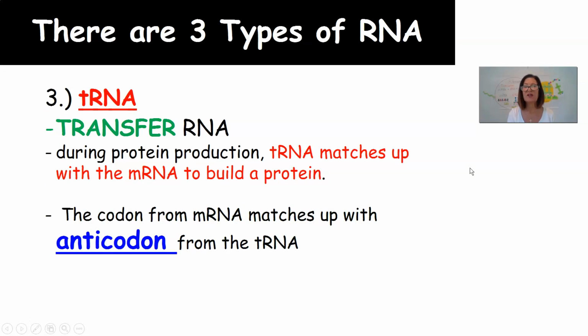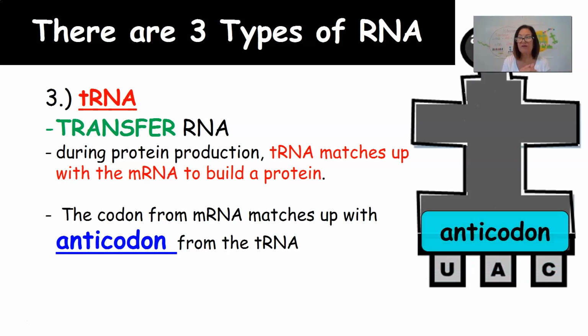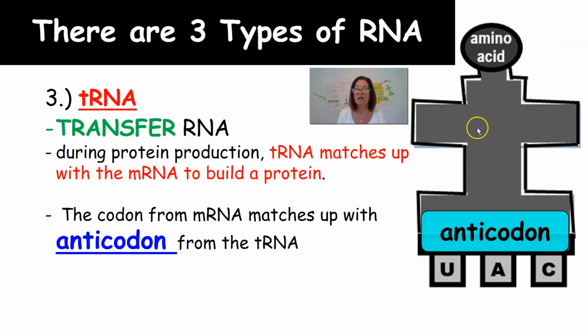Okay, then we have our tRNA, and this is called transfer RNA. During protein synthesis, the tRNA is going to match up with the mRNA to build a protein. If you see here, let me move this again. This would be my tRNA, and at the top of it, it has an amino acid up here.